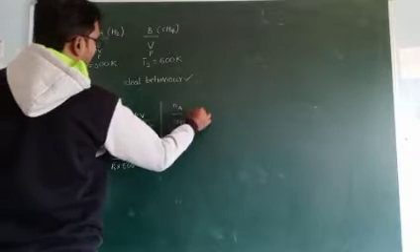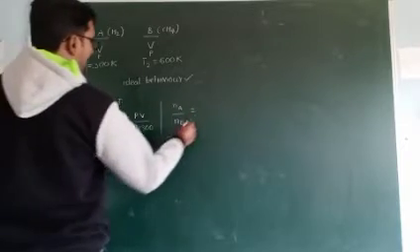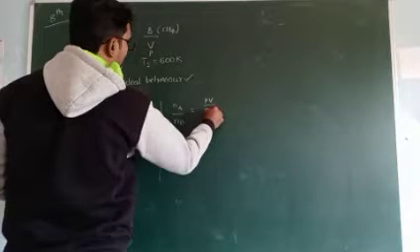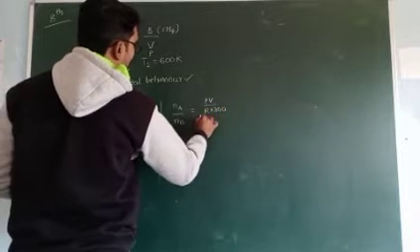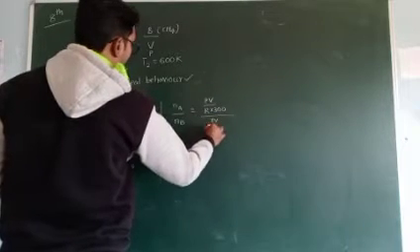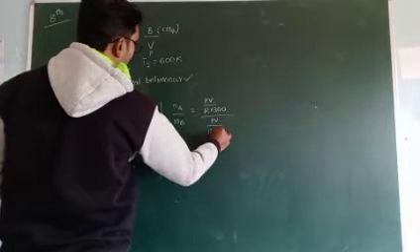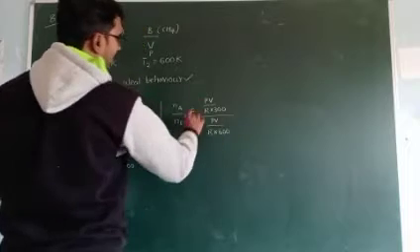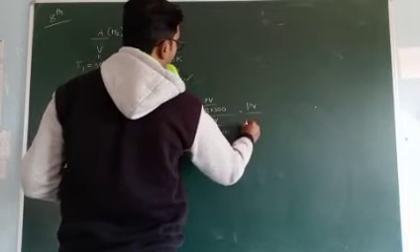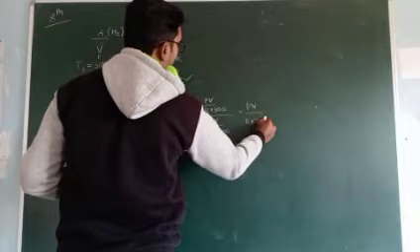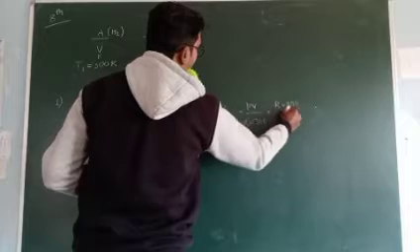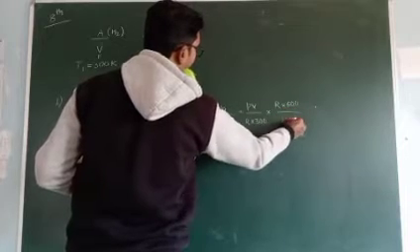Na by NB is PV by R into 300 divided by PV by R into 600. This value is reversed, so PV by R into 300 into R into 600 by PV.